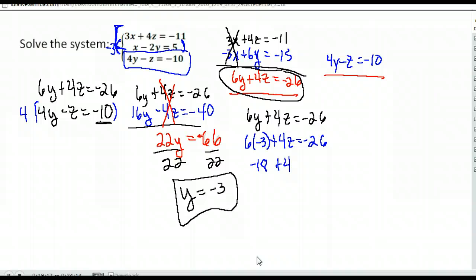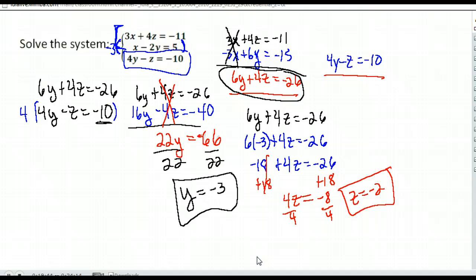And I get negative 18 plus 4z equals negative 26. Add 18 to both sides. And we get 4z equals negative 8. So our z is negative 2.